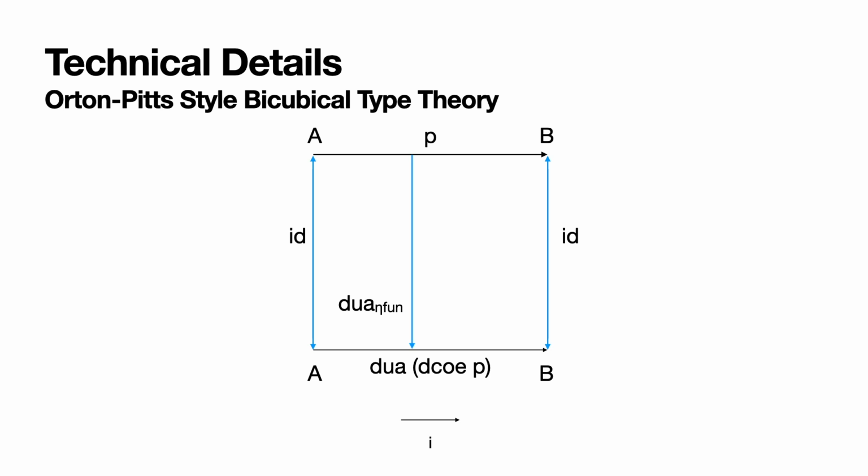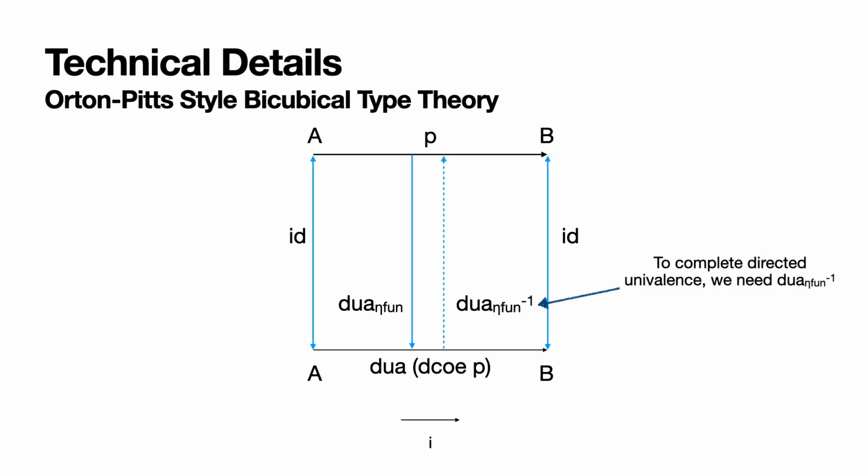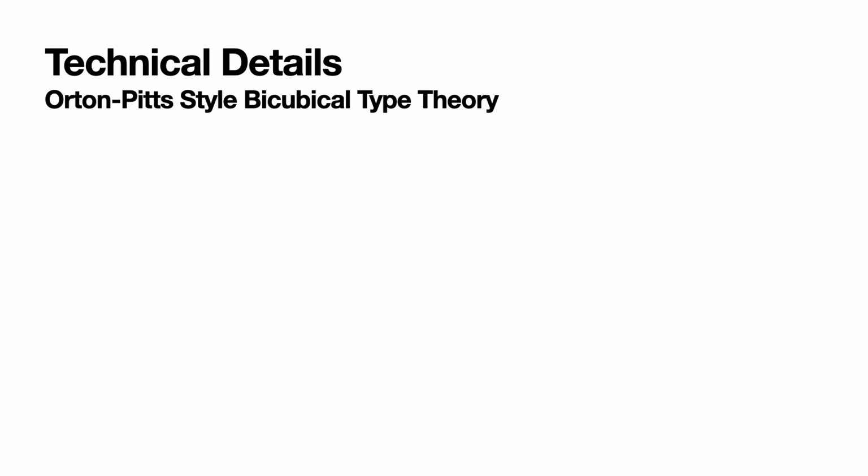And so, in order to do that, we can first define this DUA eta fun, which is a function from the morphism P at I to the round trip of P at I. However, we are unable to define the function going the other direction, which is what we need to complete the equivalence and thus directed univalence. And so it seems like we're stuck.